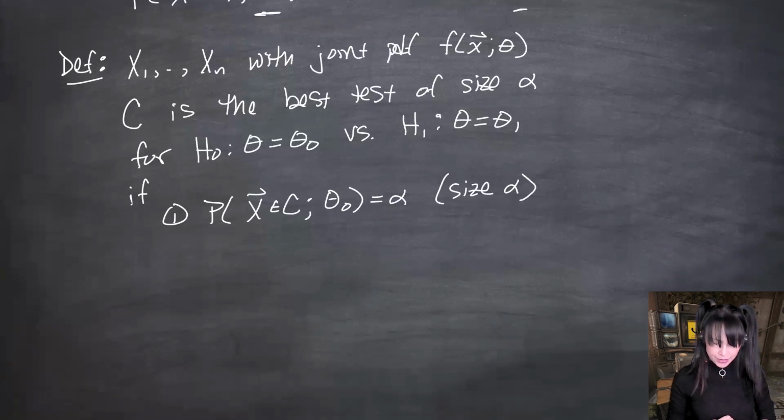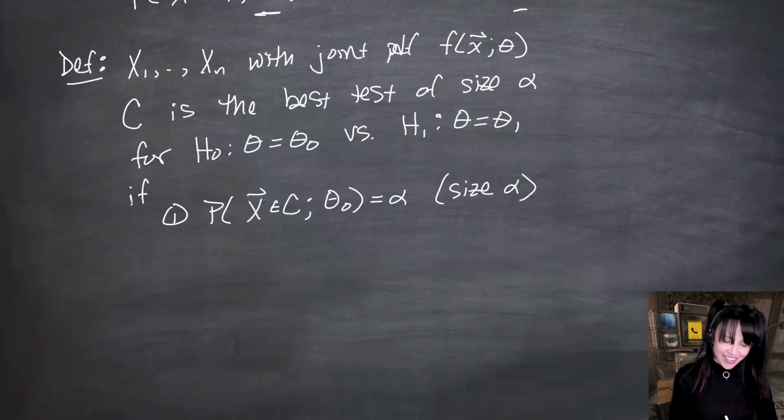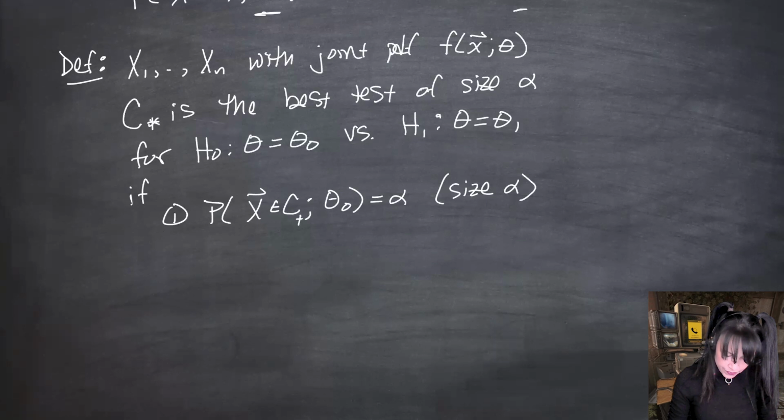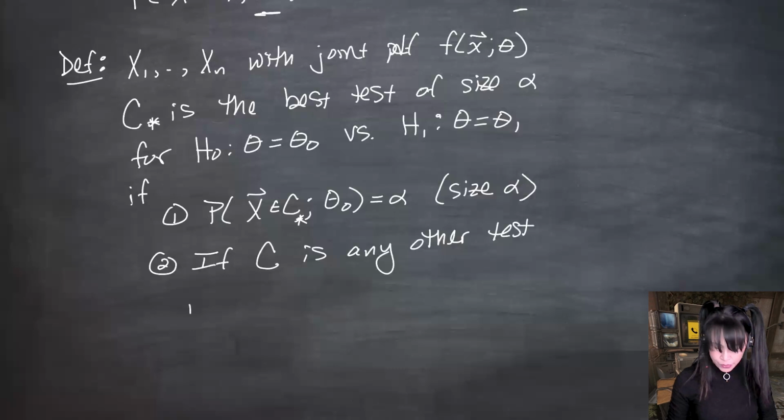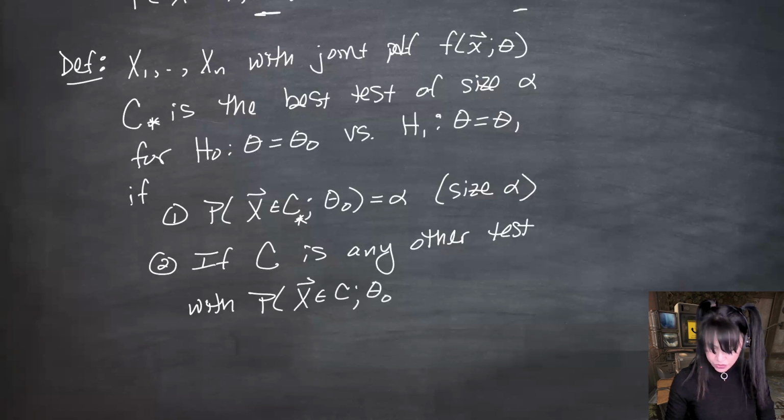And the other thing is, you know what? I want that star. So I'm going to put this star in here. Number two, if C is any other test with the probability that X is in C when the null hypothesis is true being alpha, this is a capital C, that means it's another test of size alpha.